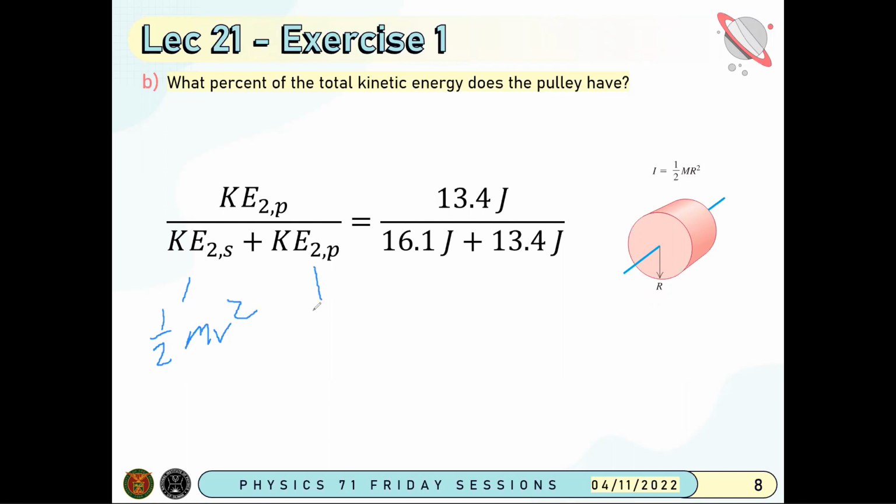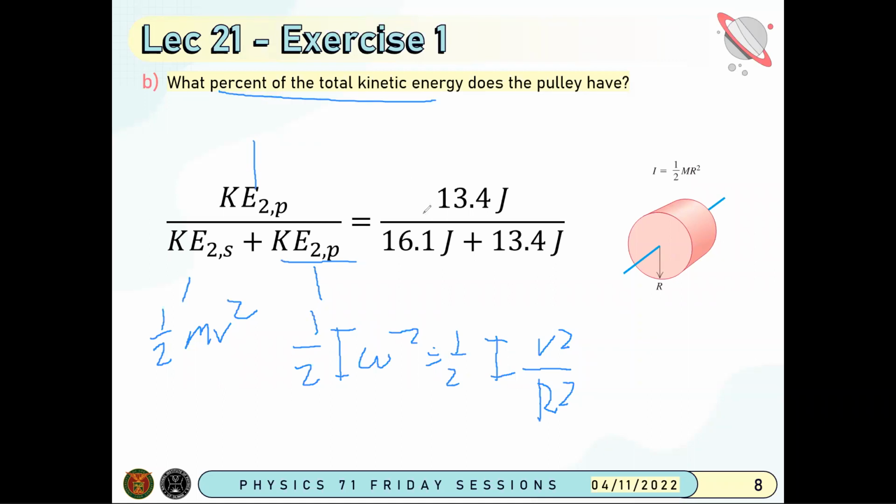Ito nakuha using 1/2 I omega squared, which is 1/2 I v squared over r squared. And given yung mga yan sa problem kanina. Okay. So you can now get the total energy. You can also get this kasi nga alam mo na to. And then we just have to get the percentage. So i-divide lang natin. Or kukunin lang natin yung ratio.